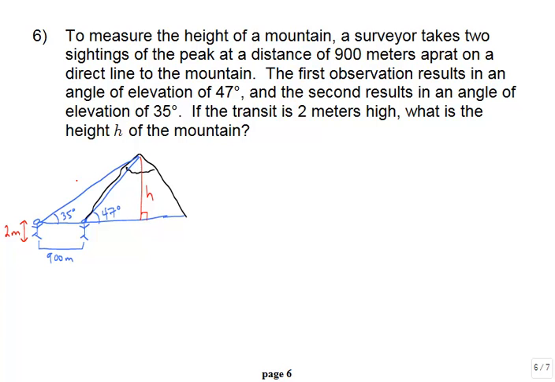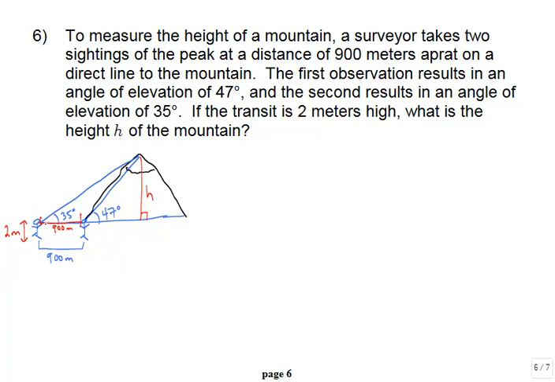But if you look at some of the other sides of these triangles, the only distance that I am told at all is this little distance from here to here, which is 900. I don't know this distance, I don't know either of these hypotenuse sides, I don't know this side over here, so there's a lot of missing information.